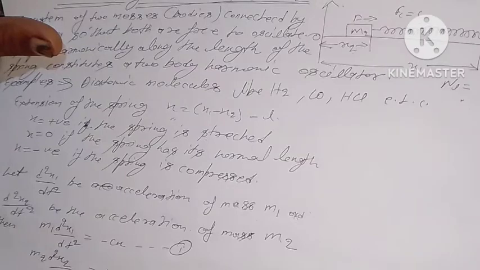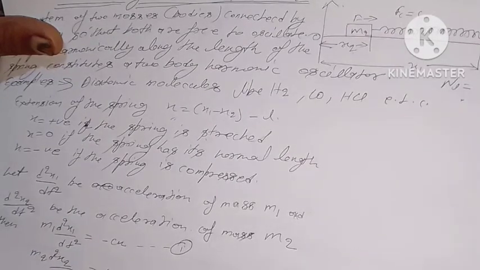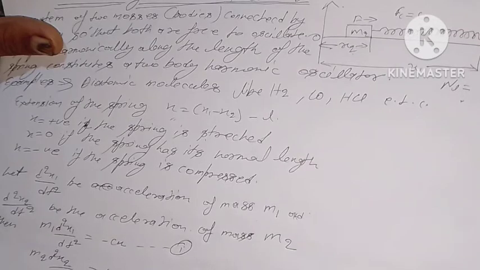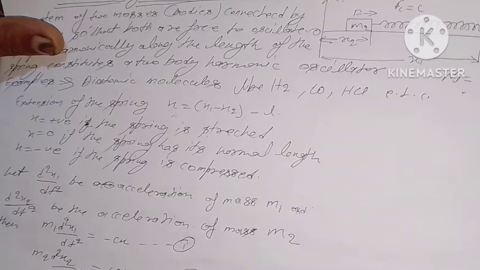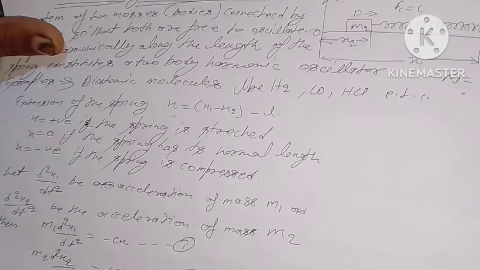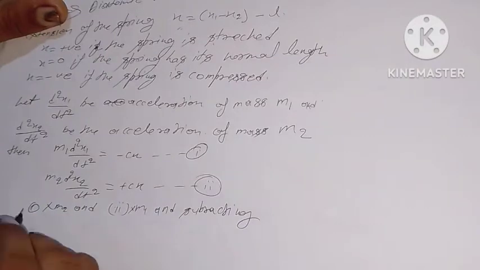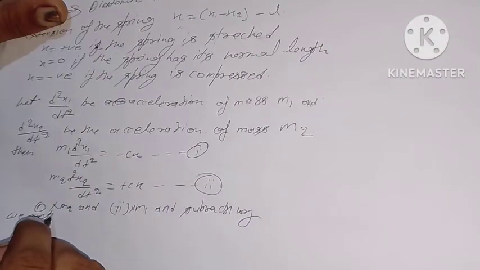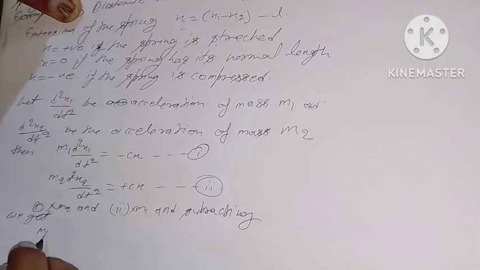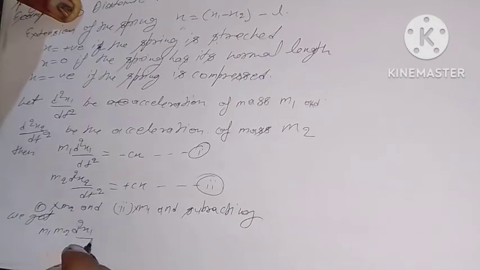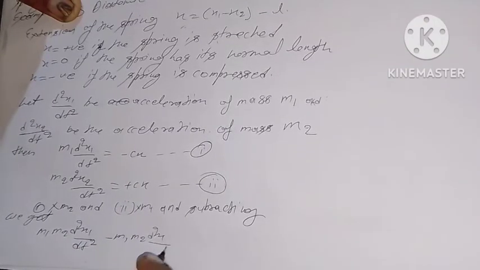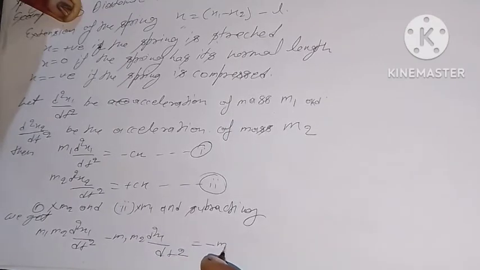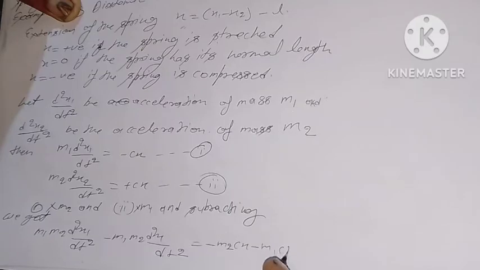Multiplying the first equation by m2 and the second equation by m1 and subtracting, we get m1 m2 d²x1/dt² minus m1 m2 d²x2/dt² = minus m2 Cx minus m1 Cx.